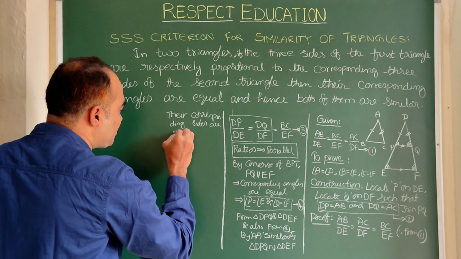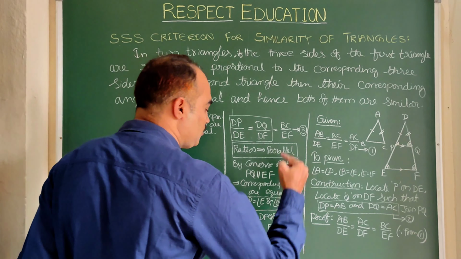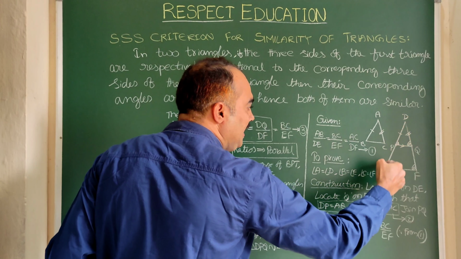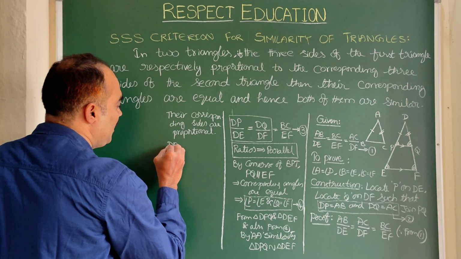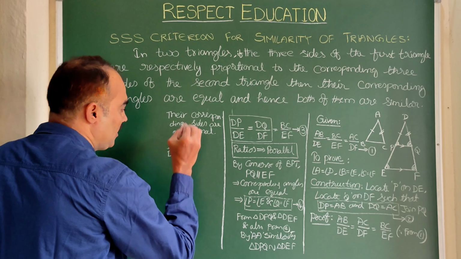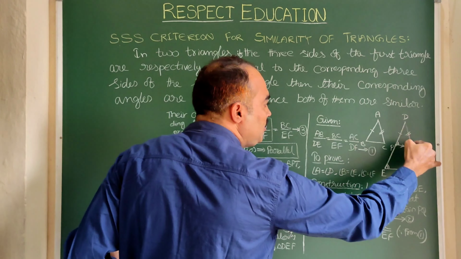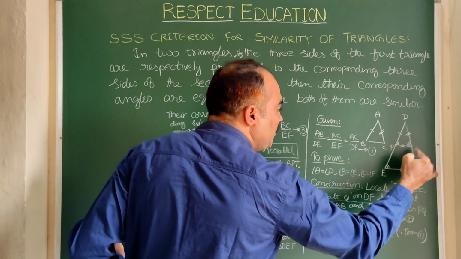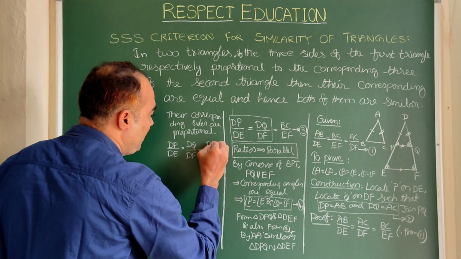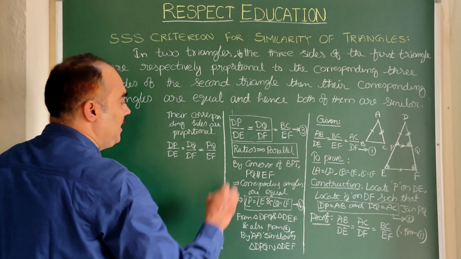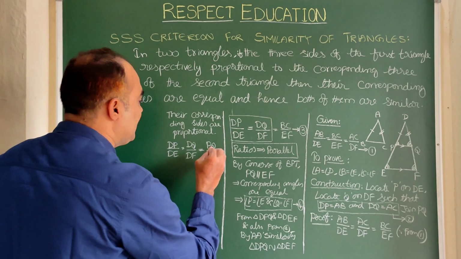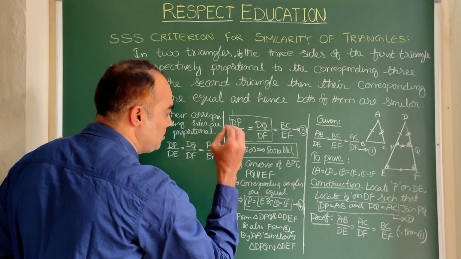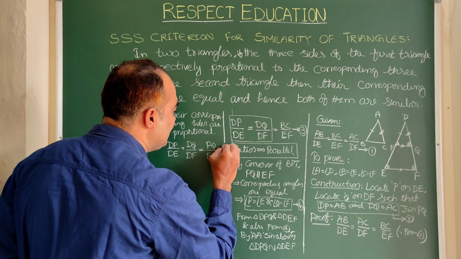So let us take all the corresponding sides of these two triangles: DP by DE is equal to DQ by DF is equal to PQ by EF. Let us consider this as equation number 5.